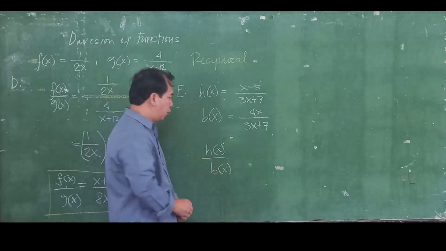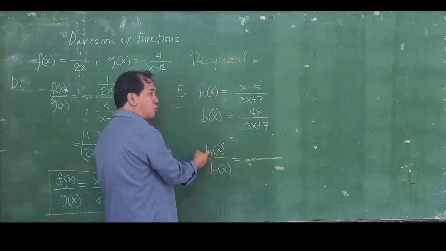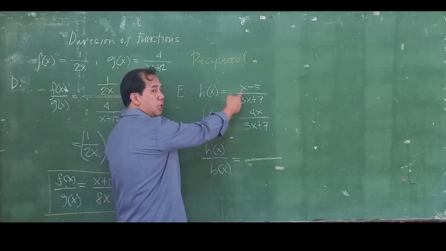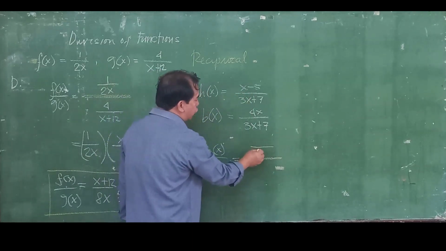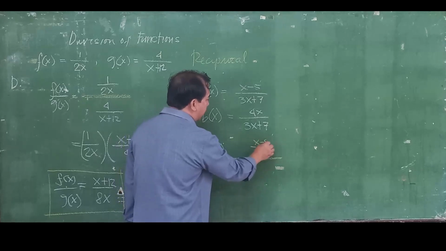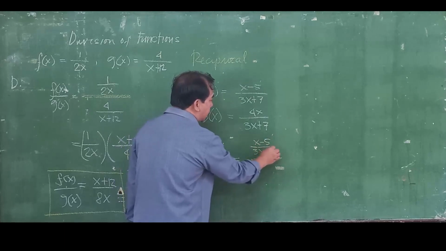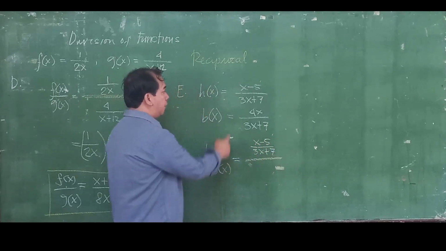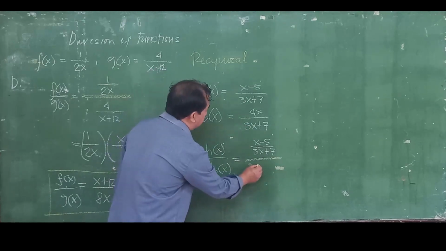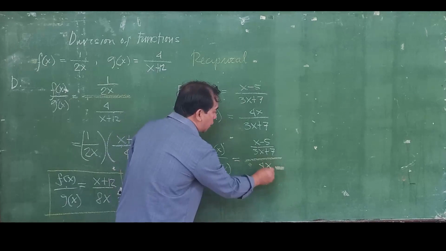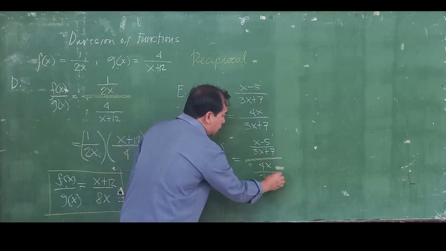So what is the definition of h of x? We just copy. h of x is a fraction: x minus 5 over 3x plus 7, divided by another fraction, b of x, that is 4x over 3x plus 7.